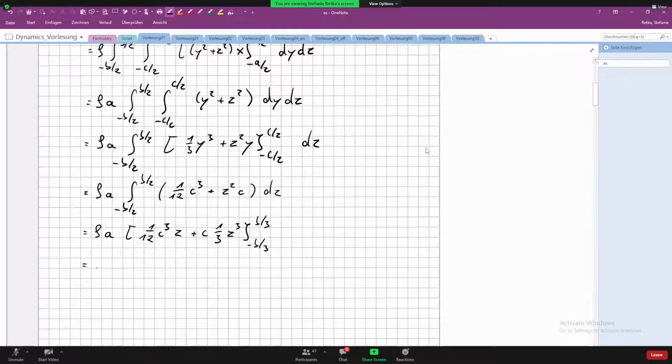Then this is rho times a times 1/12 c to the power of 3 times b plus 1/12 c b to the power of 3.